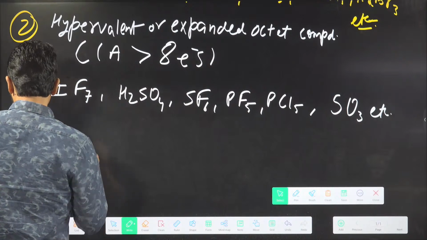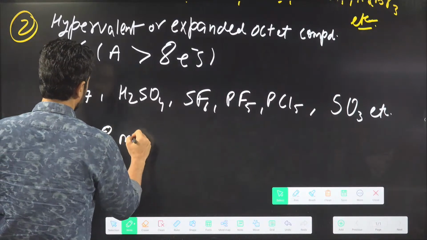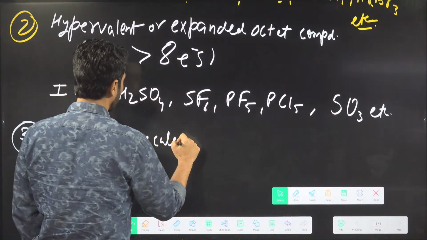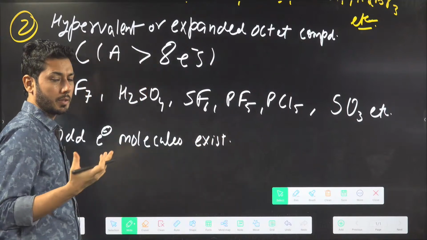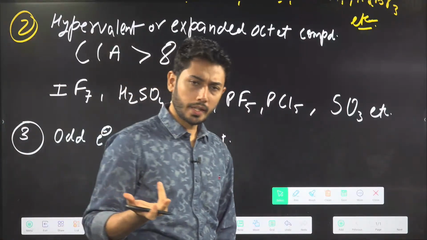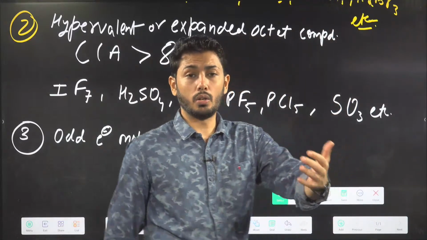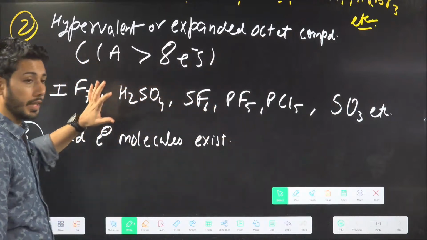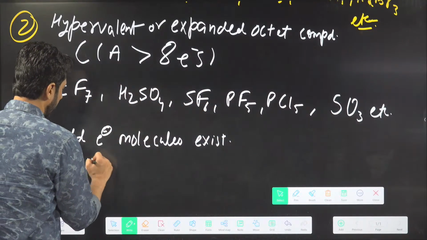The other category is odd electron molecules. As per the Lewis octet rule, they should not exist because they should combine to become 8. But there are also some molecules that have odd electrons. Which examples are given specifically?